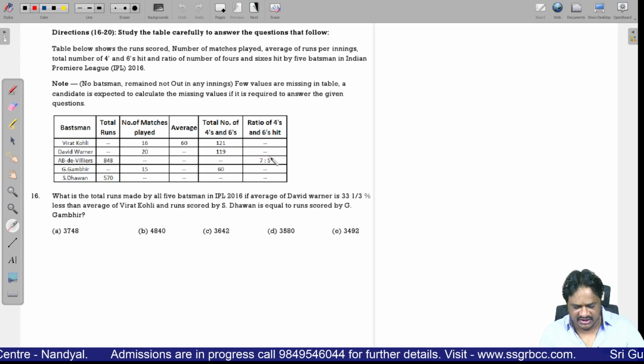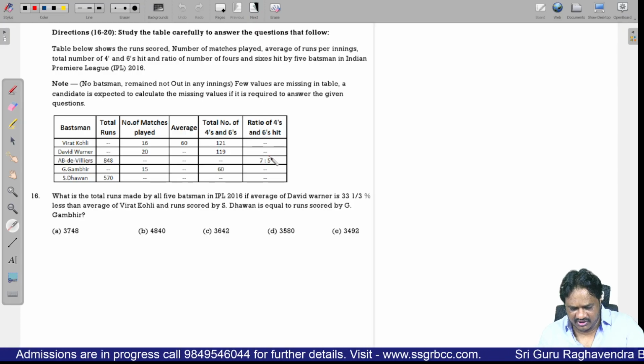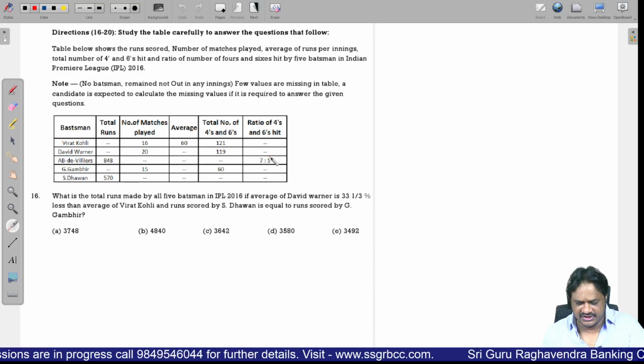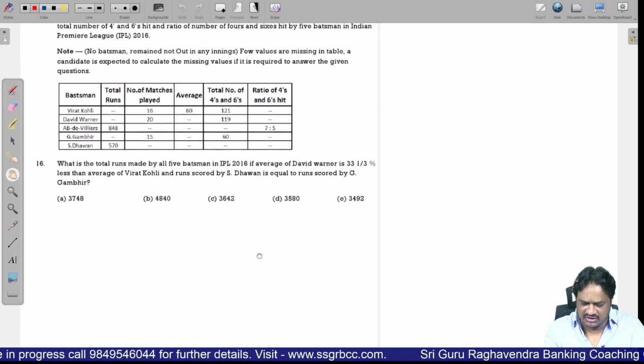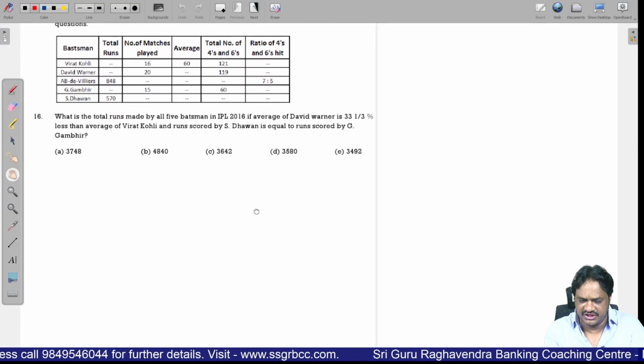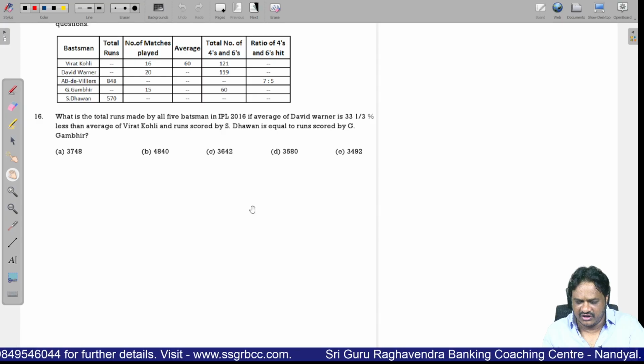Let us directly move to the questions. What is the total number of runs made by all 5 batsmen in IPL 2016 if David Warner's average is 33 1 by 3 less than the average of Virat Kohli, and runs scored by Shikhar Dhawan is equal to runs scored by Gautam Gambhir.